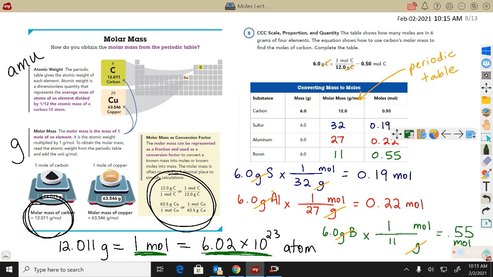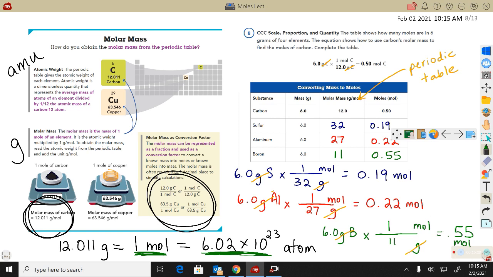Here it's just that 1 mole doesn't always mean it's the same mass. These particles are different. Some are heavier, some are lighter, some are bigger, some are smaller. So it's going to be the same type of calculation, but the exact mass of the element does change a little bit.